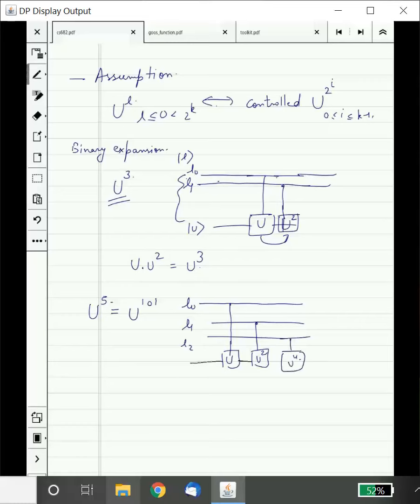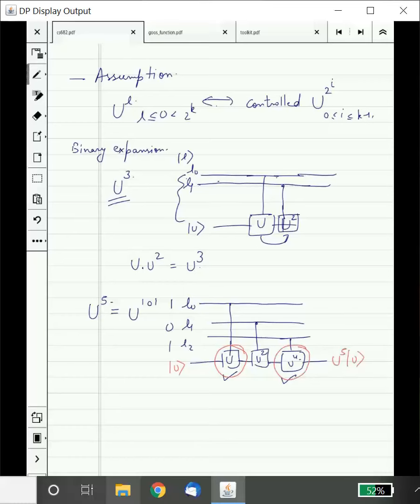When L is equal to 5, remember 101, U will be applied and U to the power 4 is applied. On this state U, I get to apply this and this. What I get here is U to the power 5 times U.